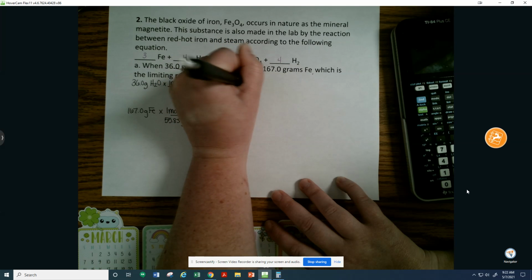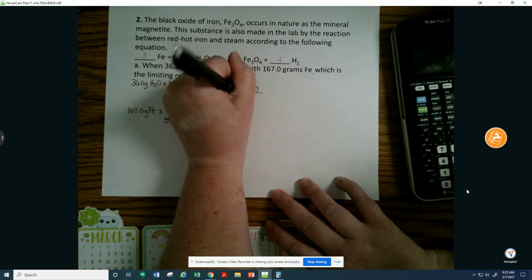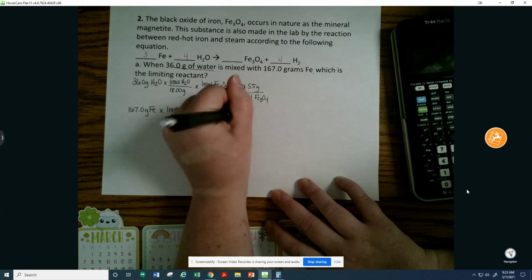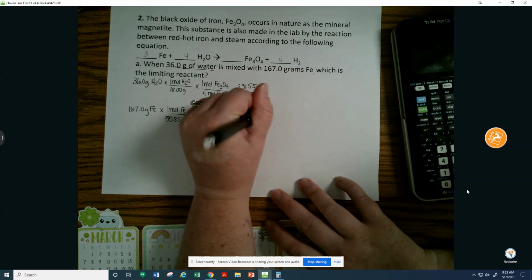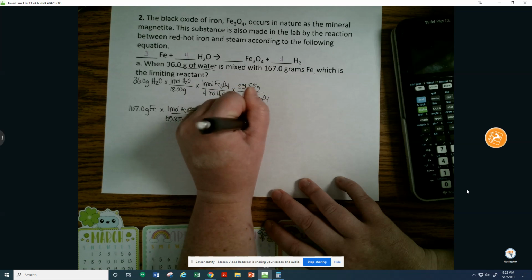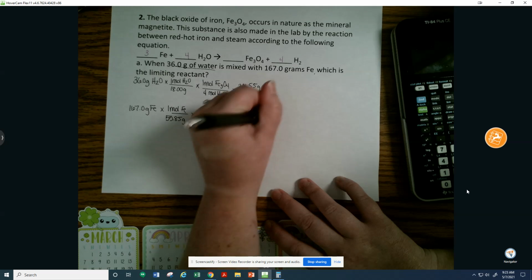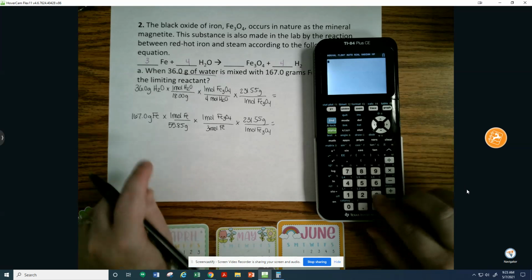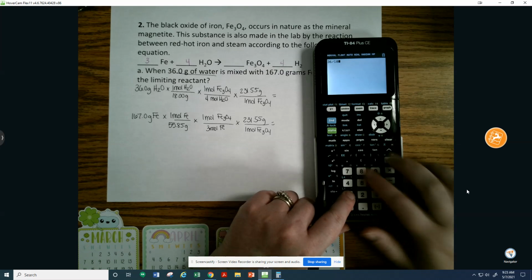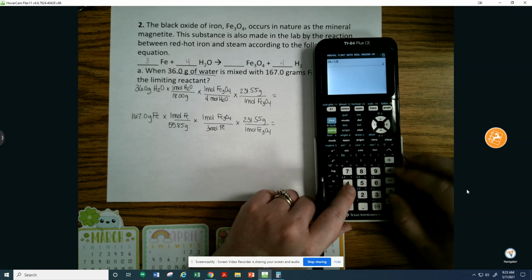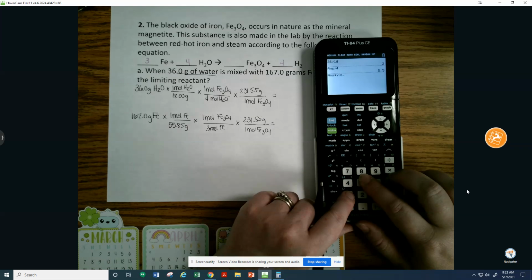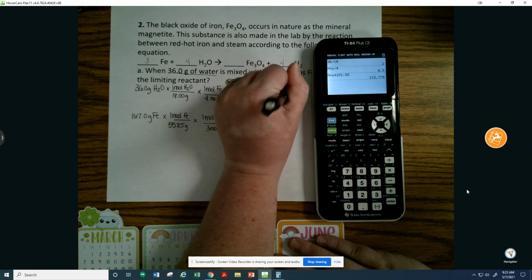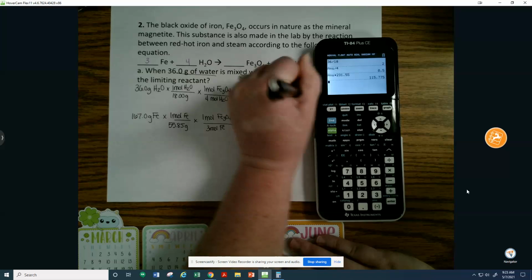So 231.55 is to 1 mole. So when you set this up and work it through, we have 36 divided by 18, divide by 4, times that out by 231.55, and we get 115.90 grams of this Fe3O4 is formed.